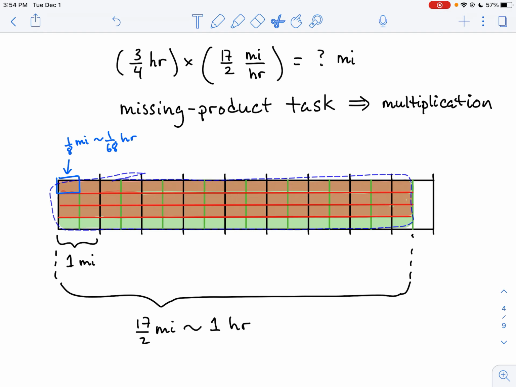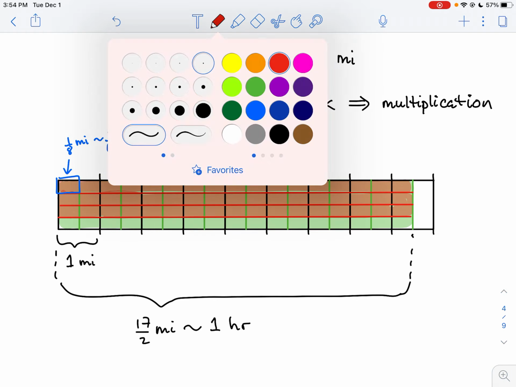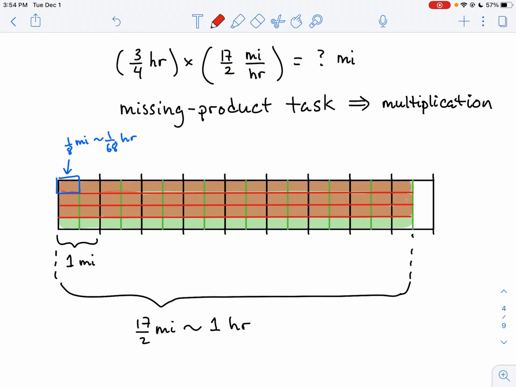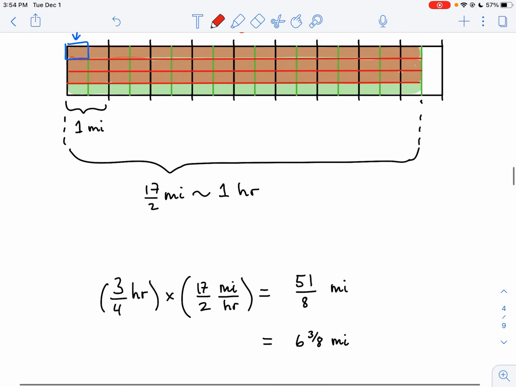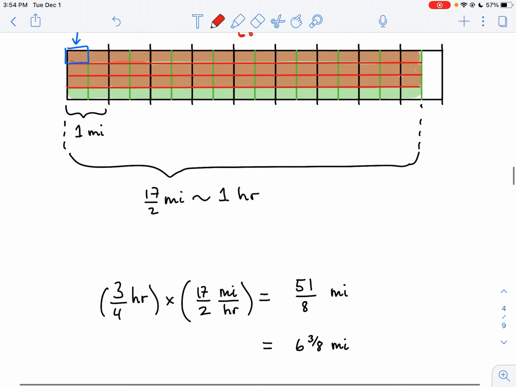We have 17 across and 4 down, and 17 times 4 is 4 times 20 minus 60, 68. That's 1/68. Just making sure I'm doing that right. But the question now is how much is shaded in red? So we have 17 by 3. We have 51 out of the 68 shaded in red right now.